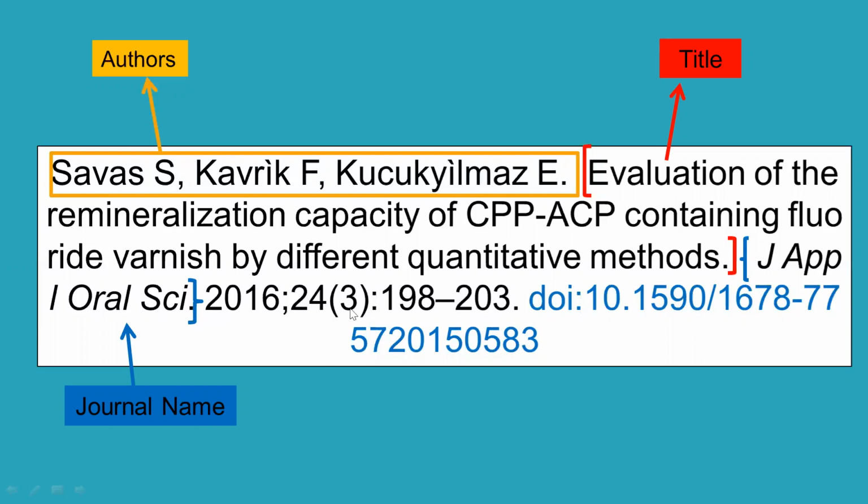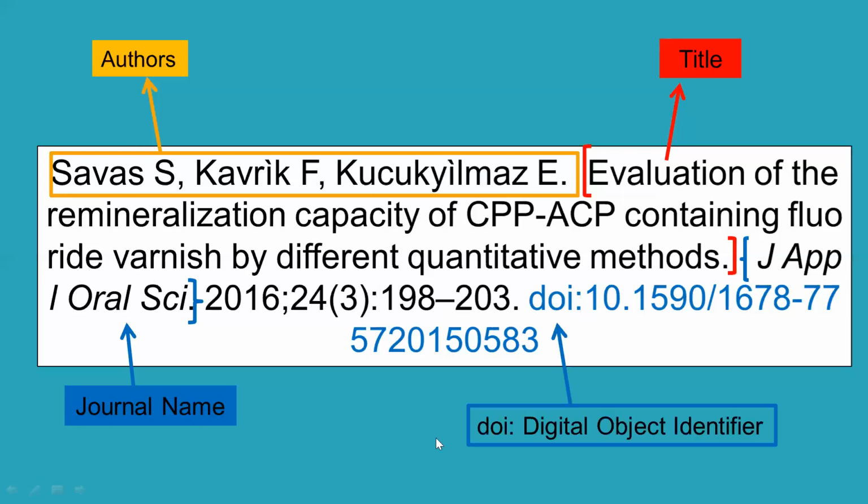Again, after this section of publication year, volume, issue, and pages, you put a full stop, followed by the DOI, that is the Digital Object Identifier. So in today's time, you have to have your reference with DOI. In many situations you might not find a DOI; in that situation, you are advised to add the URL.